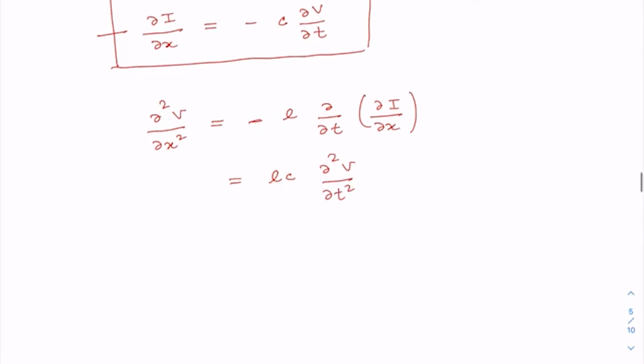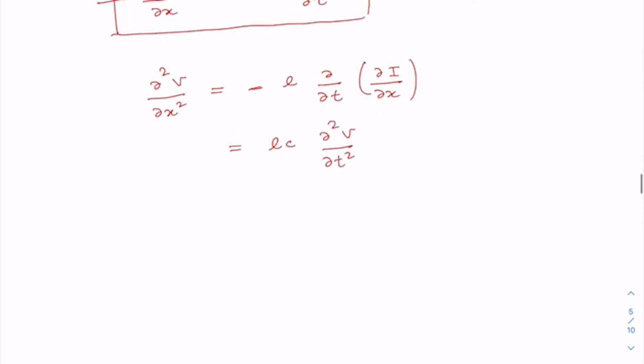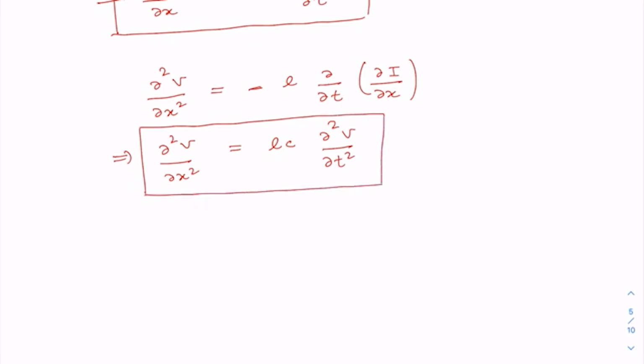So this is the equation for voltage, so I get ∂²V/∂x². Actually, it is pretty easy to see if you compare this equation with the classical wave equation, that is ∂²f/∂x² is equal to 1/v² ∂²f/∂t².